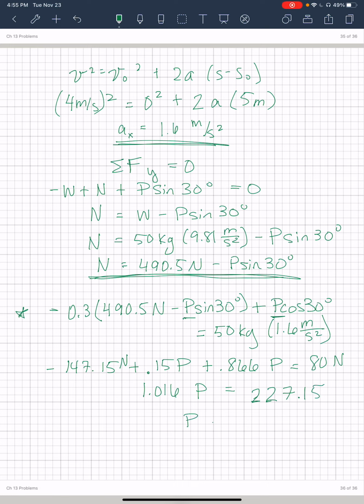And so we get P equals 223.6 newtons. And look back.